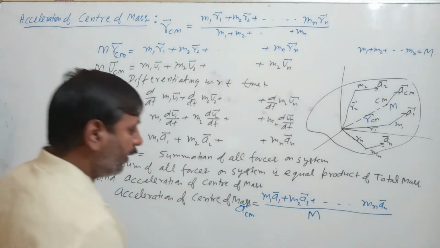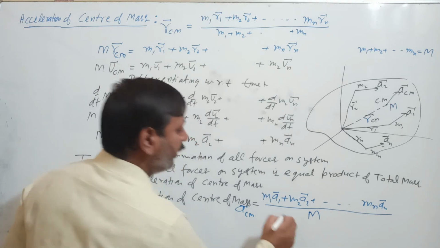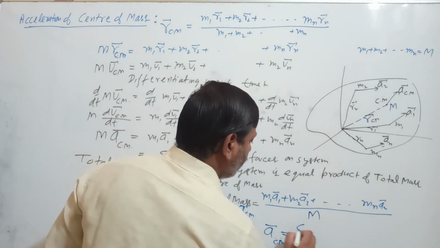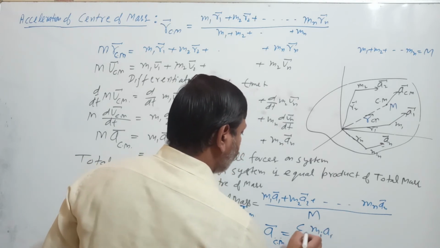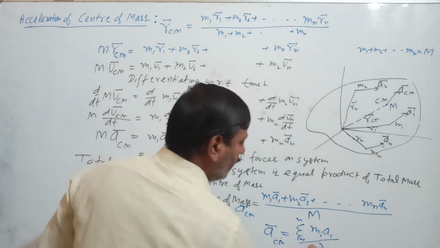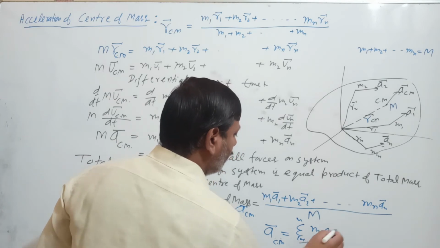This also can be written as ACM is equal to sigma mi ai, i is equal to 1 to n, divided by sigma mi, i is equal to 1 to n, total mass.